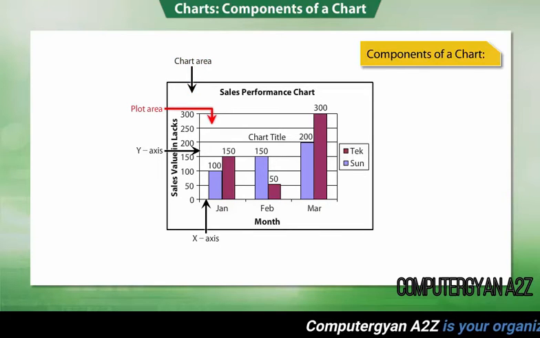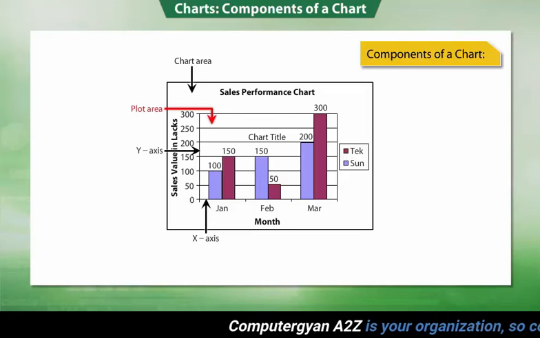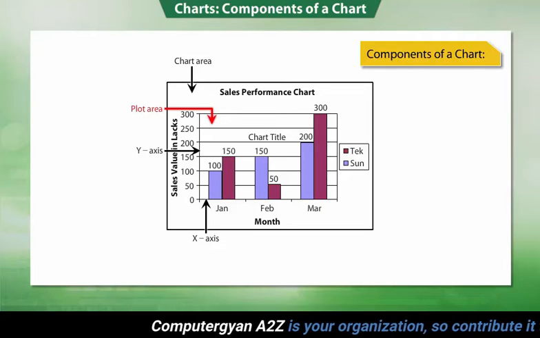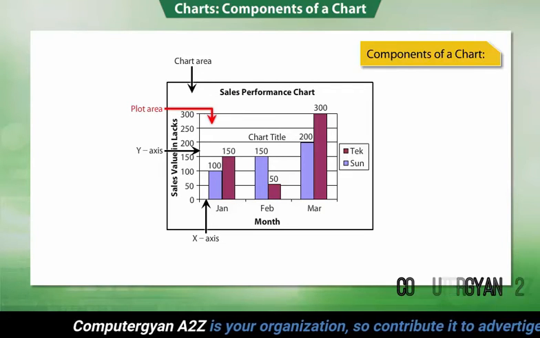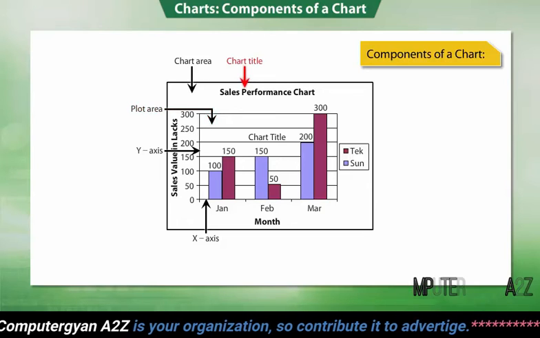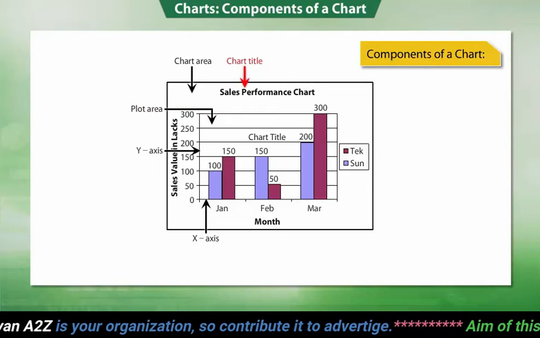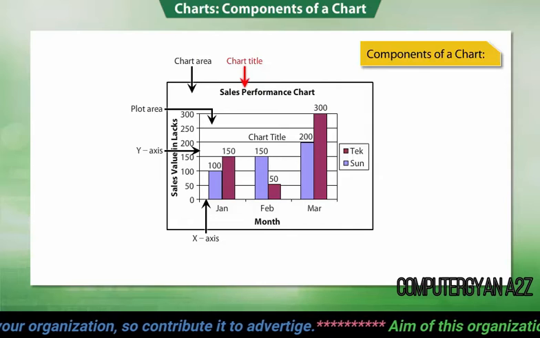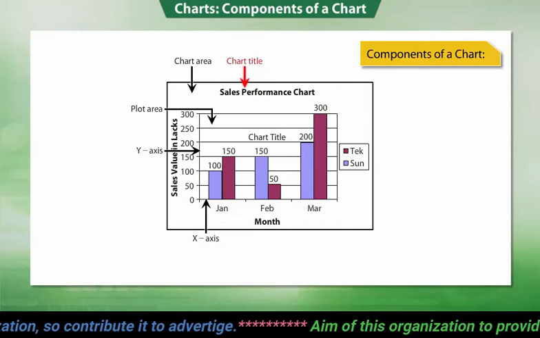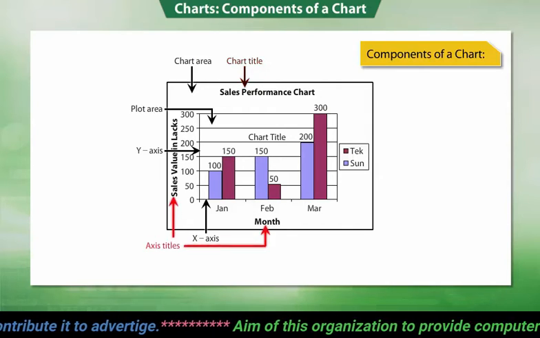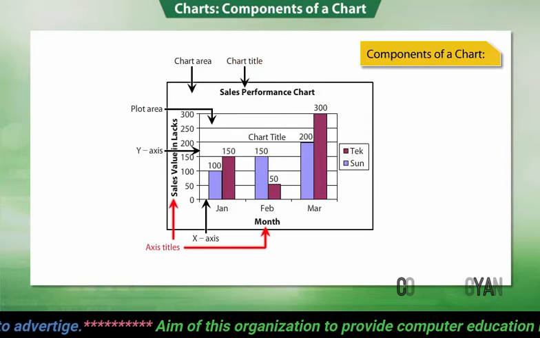Plot area. Plot area is a part of chart area which contains the chart. Chart title. Chart title is the text written in chart area which identifies the chart. Axis titles.